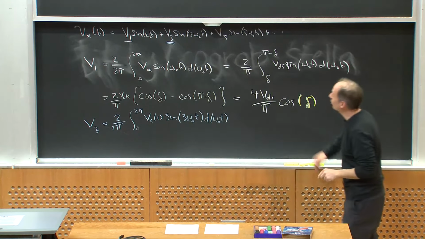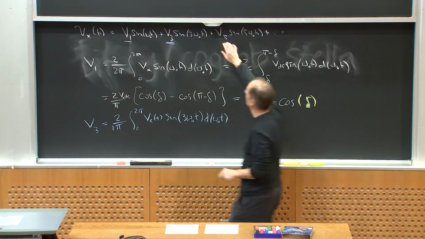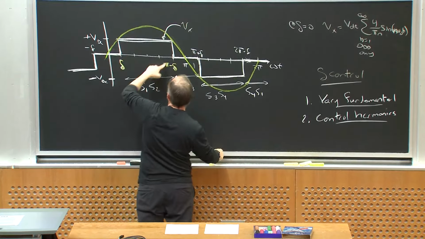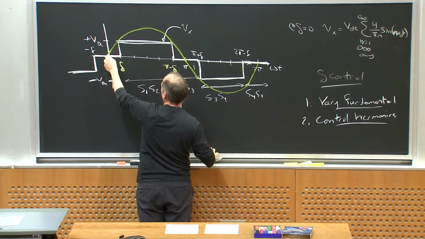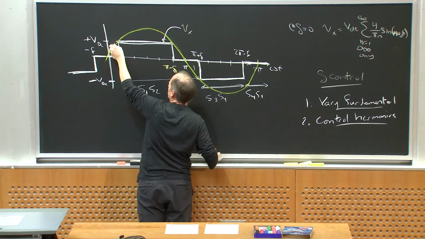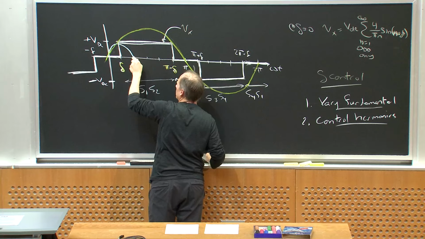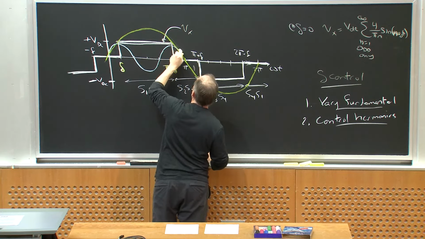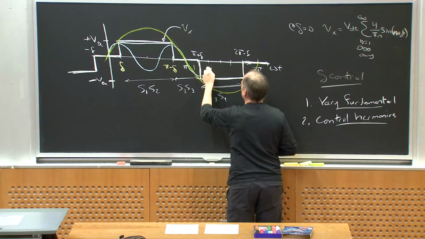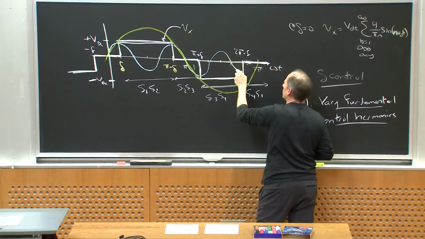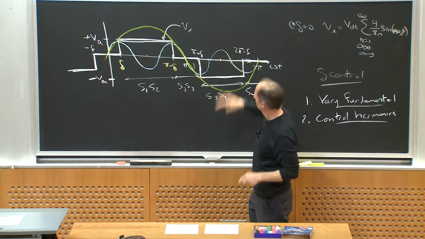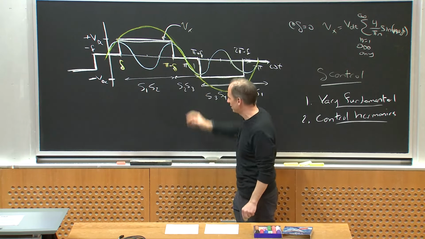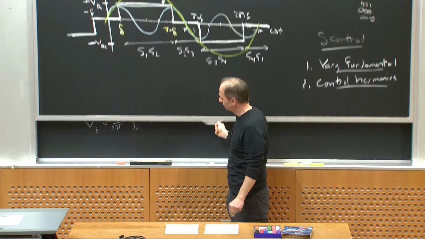So what I'm doing in this case is I'm going to multiply this waveform by sine 3 omega t. So I'm going to multiply it by something that looks like this. That's horribly asymmetric, but I'm going to multiply it by sine 3 omega naught t and then integrate it, right?